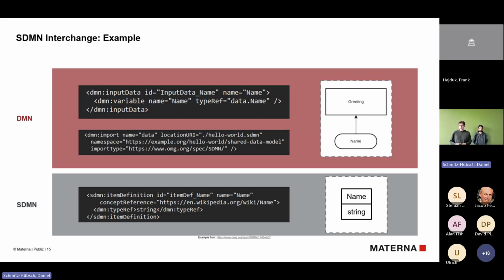Same goes for DMN. We can also just import the SDMN file in our model, and then we can just reference the item definition we defined in SDMN and use it in our decision logic.